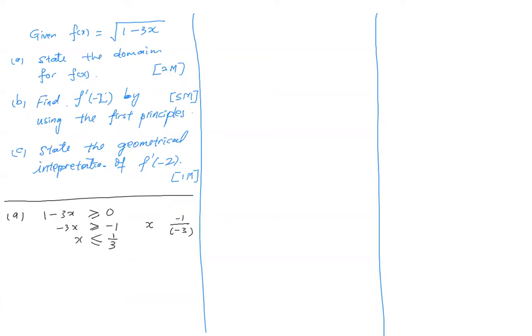When you divide by a negative number, then you have to change the sign. For square root, it always has equal, because this is square root. Unless the square root is at the bottom, then no equal. Are you clear? I might have a question like that.